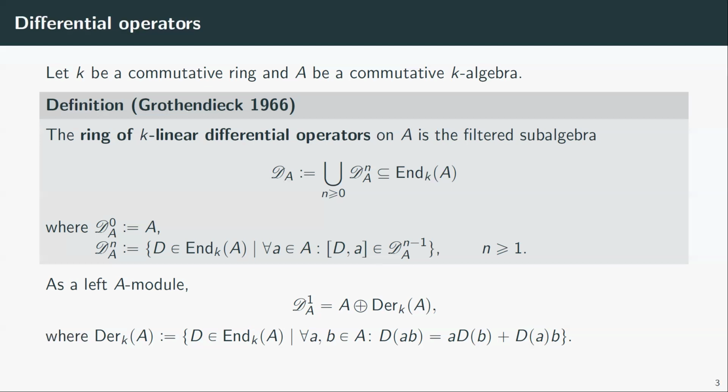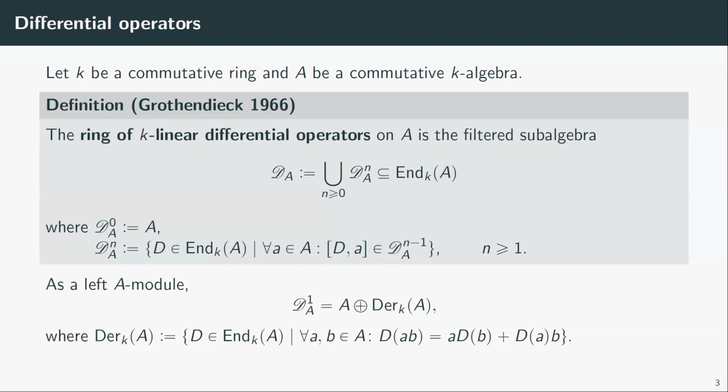So we have the natural embedding of A into End(A), where an element a is mapped to the multiplication lambda a, where lambda a of x is just a times x.